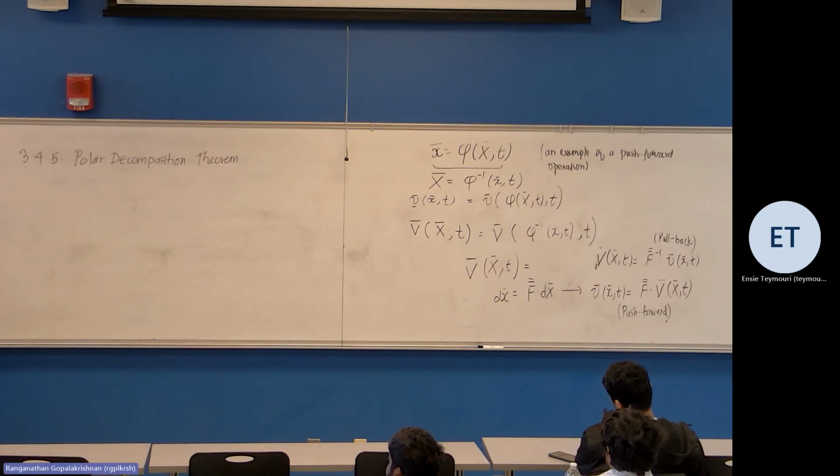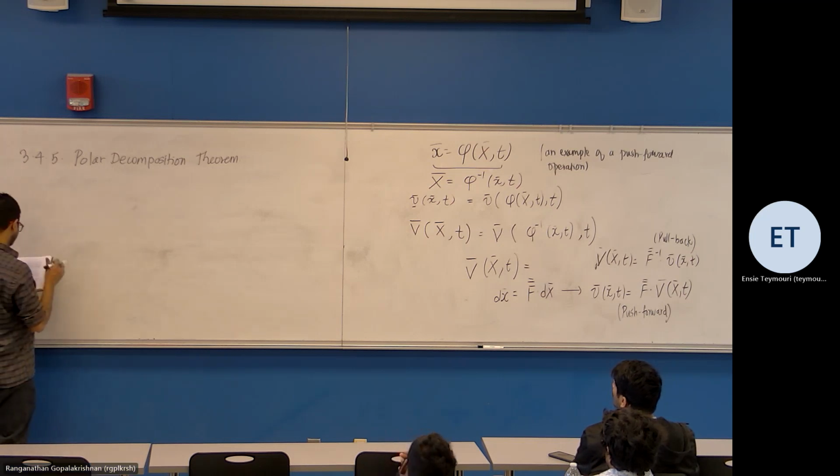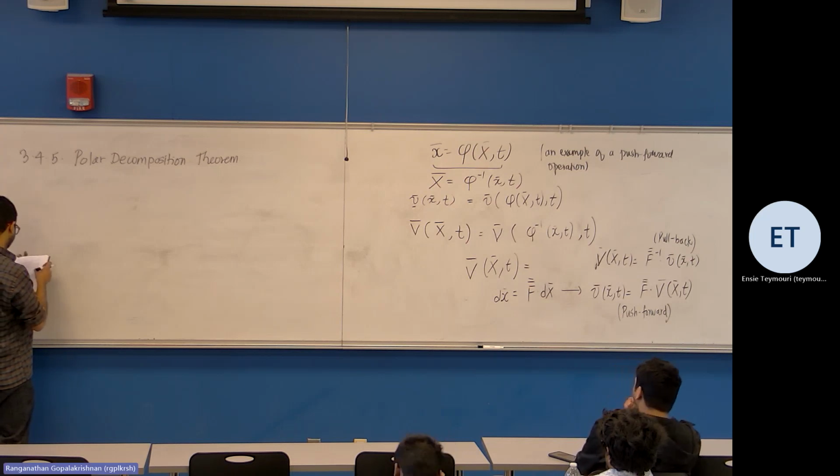So the concept we are going to see here at the end of this discussion, you should be able to answer the question. The polar decomposition theorem is, yeah, right here.